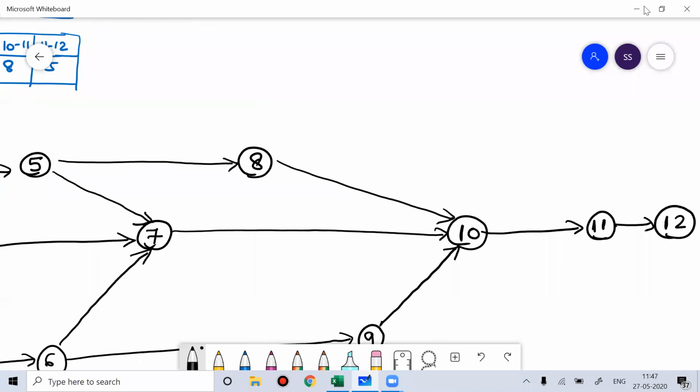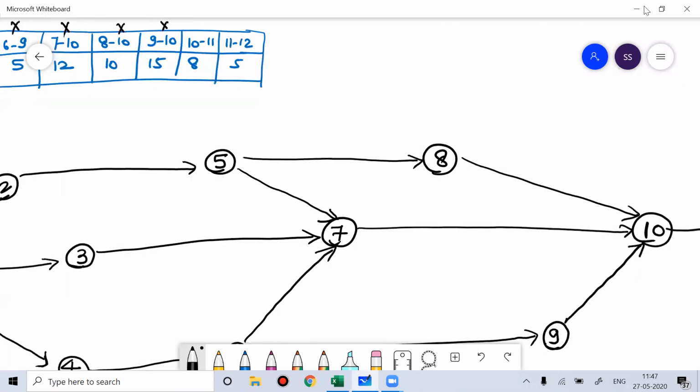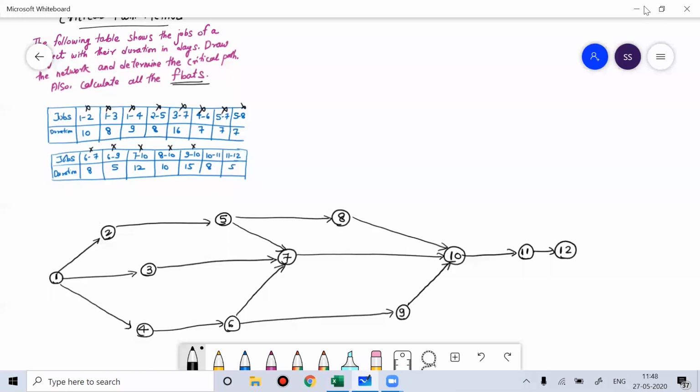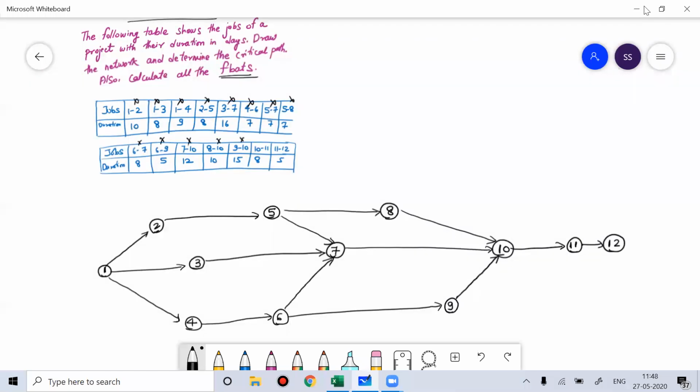Done. Okay, so you can see this network diagram. This is the network diagram that I have drawn.